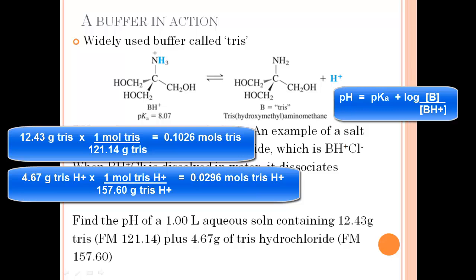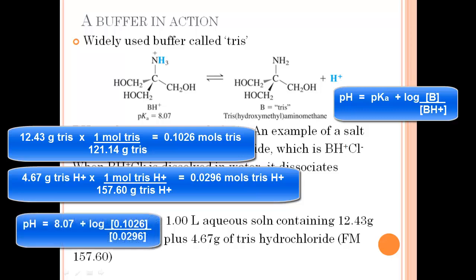Now, you plug those two numbers into your HH equation, and you should get a pH close to 8.07. How did I know it was 8.07? It told me in the problem right there. The pKa of my weak acid conjugate is 8.07. So pH is equal to 8.07 plus the log of 0.1026 divided by 0.0296.